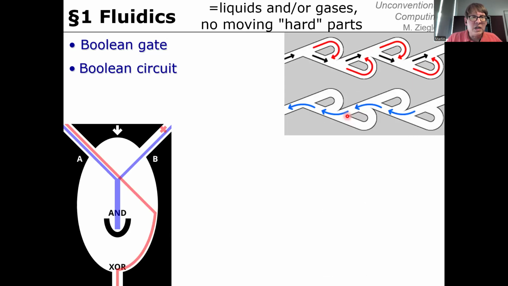And here you see such a Boolean gate. Actually, it's two Boolean gates in one. Here enters one stream of fluid, like water. And here, that's A, and B, another one enters.